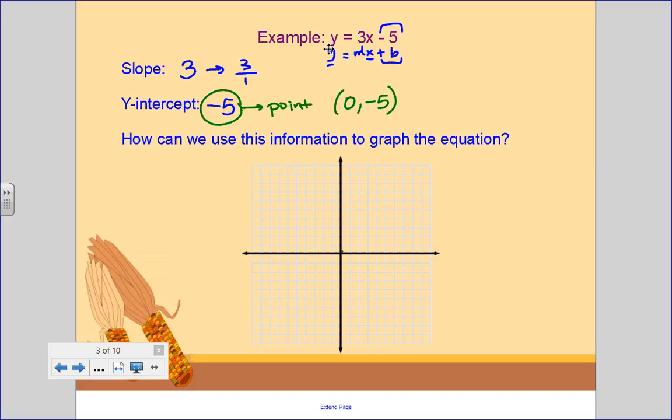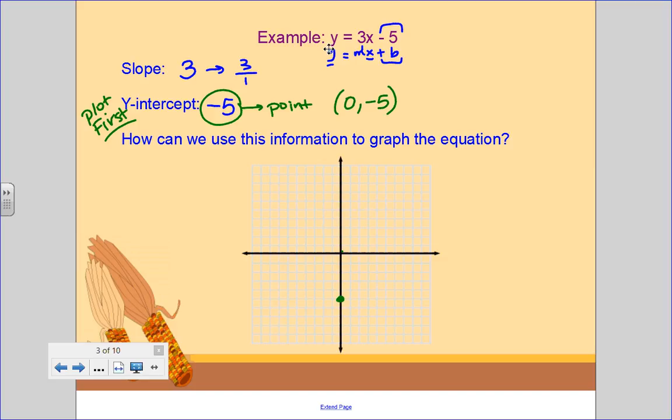So let's go ahead and plot that y-intercept. So 1, 2, 3, 4. All right, so I have my y-intercept plotted, and we're always going to plot this first and count our slope out from that point that we're given. This is the one point that we know is on that line. So we're going to start with that, right there.